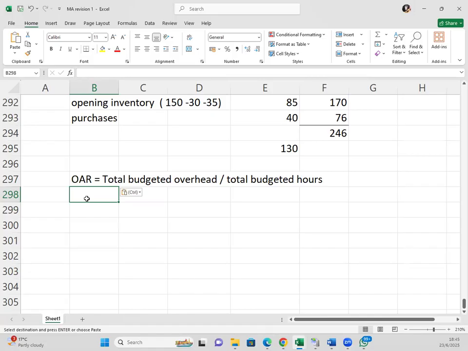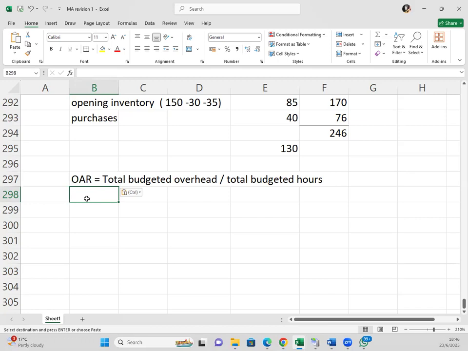The OAR is equal to total budgeted overhead over total budgeted hours. So the question is asking, what are the budgeted hours?